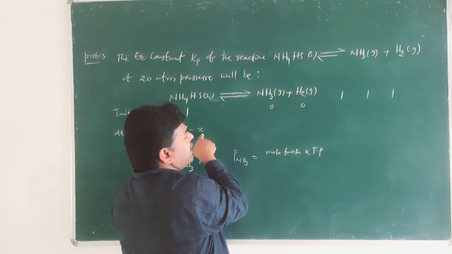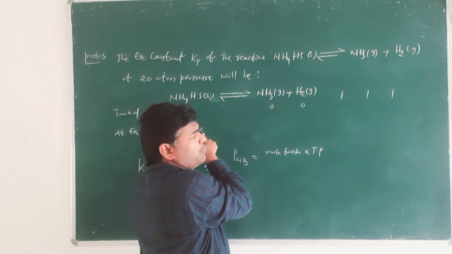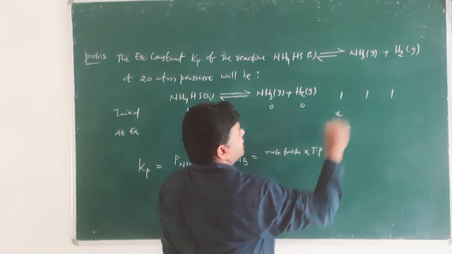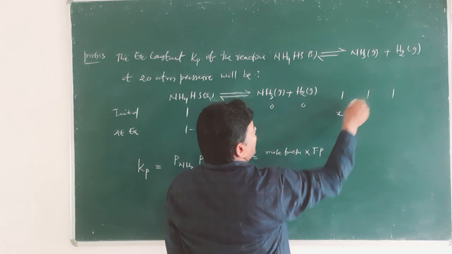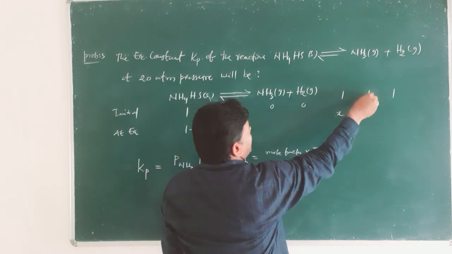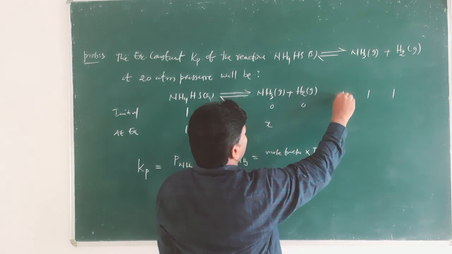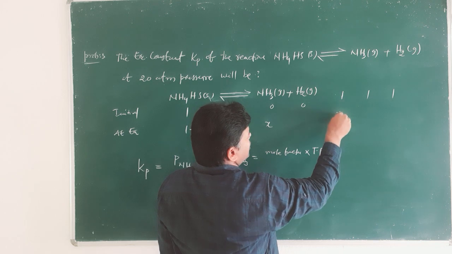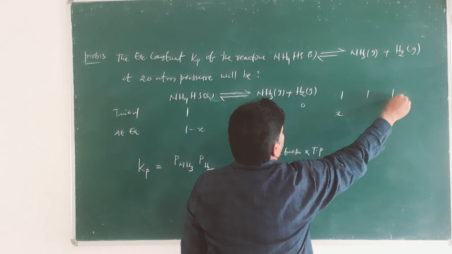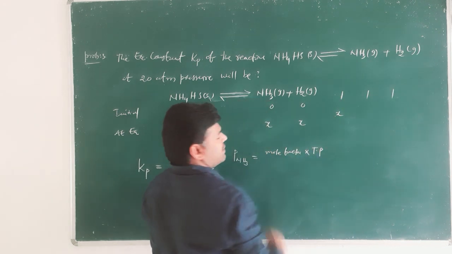For 1 mole, x moles dissociate, so for NH3 the moles formed are x into 1 by 1, that is x, and for H2S also x.